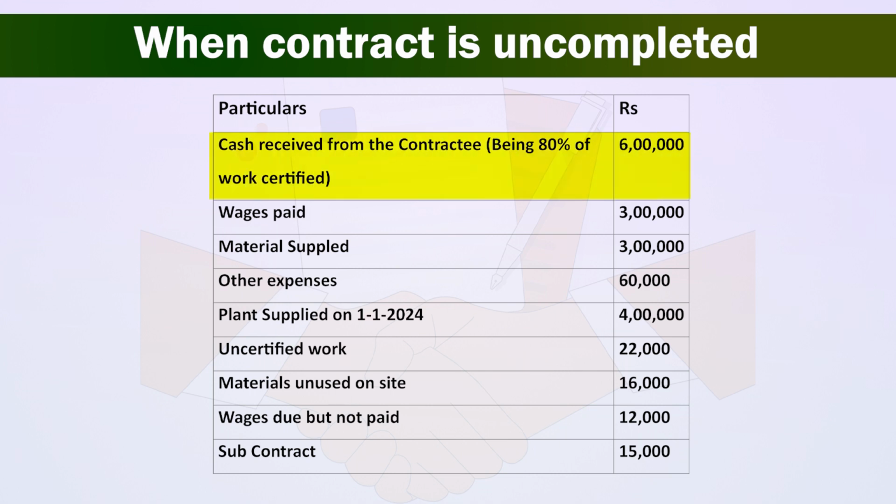Information given is cash received from contractee being 80% of work certified rupees 6 lakh, wages paid rupees 3 lakh, material supplied rupees 3 lakh, other expenses rupees 60,000, plant supplied on 1st January 2024 rupees 4 lakh, uncertified work 22,000, material unused on site rupees 16,000, wages due but not paid rupees 12,000, subcontract rupees 15,000.